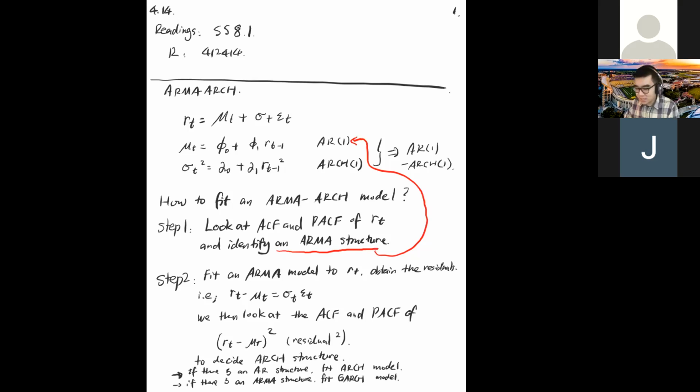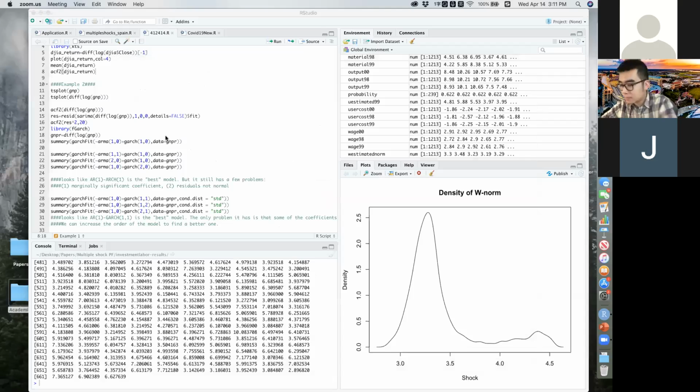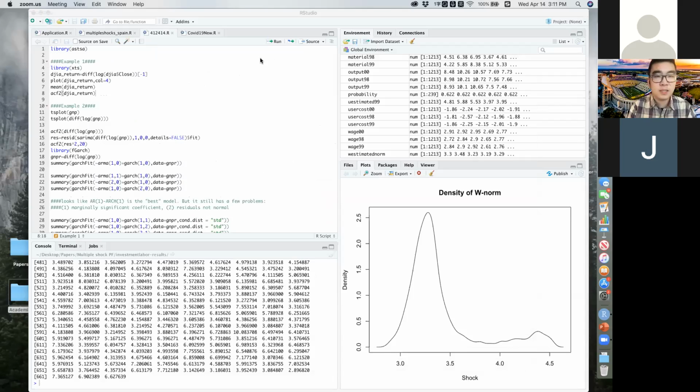If there's no question, I think it's a good idea to look at some examples of how we can do this. So let me switch to R. Let's look at an example.